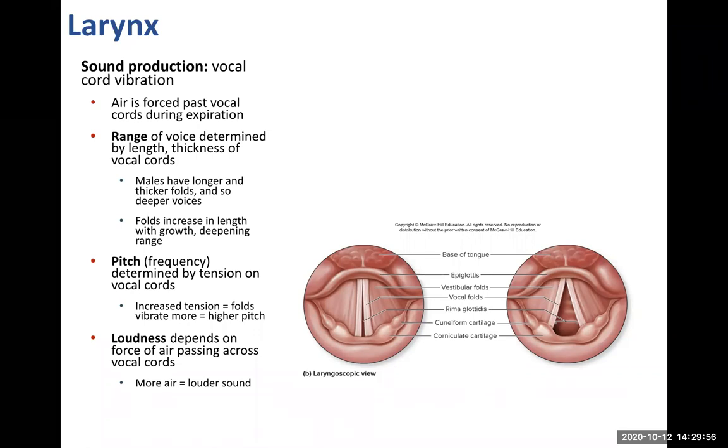And then the pitch is determined by the frequency with which the cords vibrate. If you've got longer and thicker cords, your cords will, by their very nature, tend to vibrate at a lower frequency than if you have narrower and shorter vocal cords. So genetic males also tend to have a lower pitch.